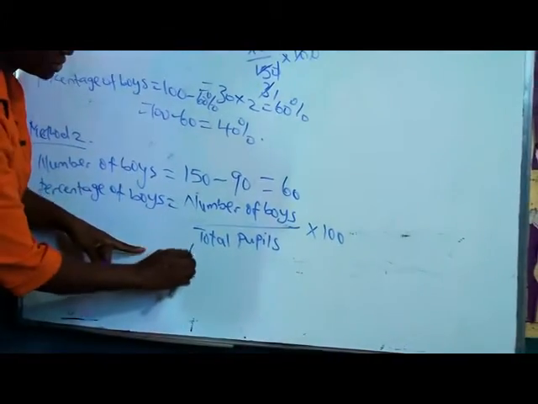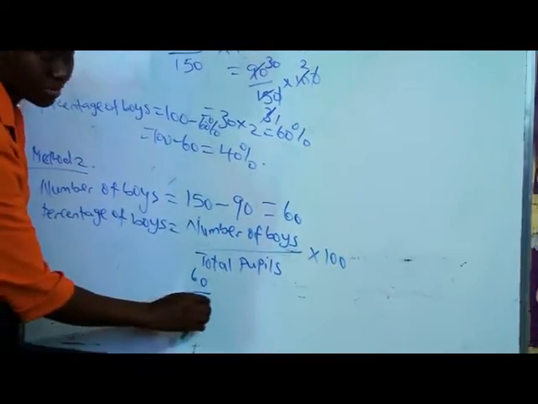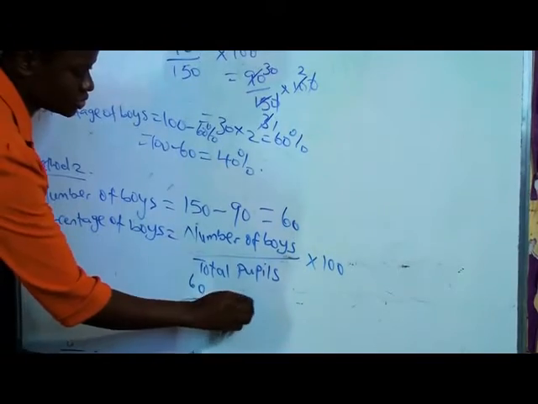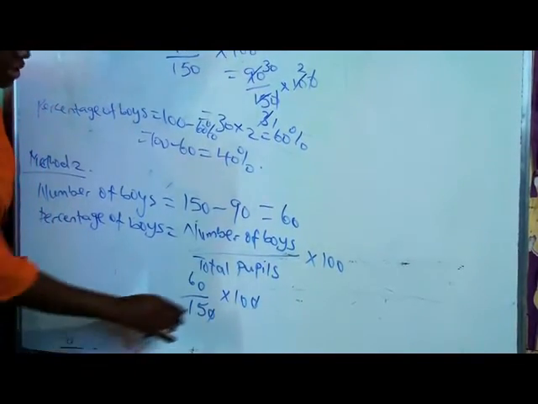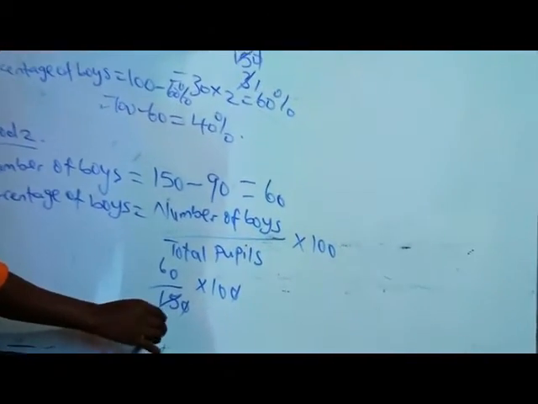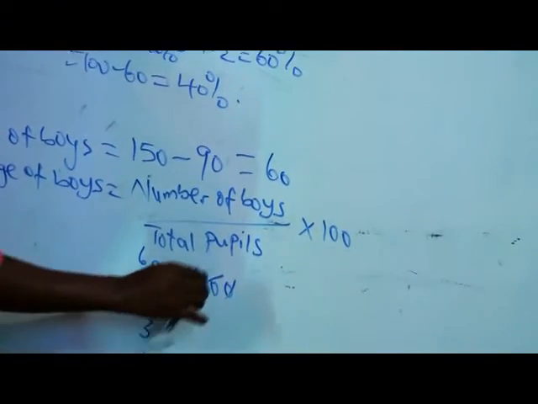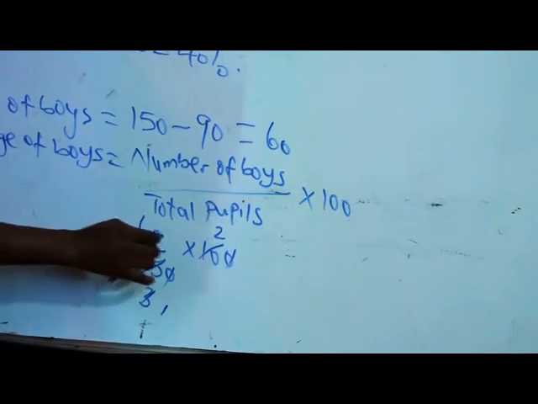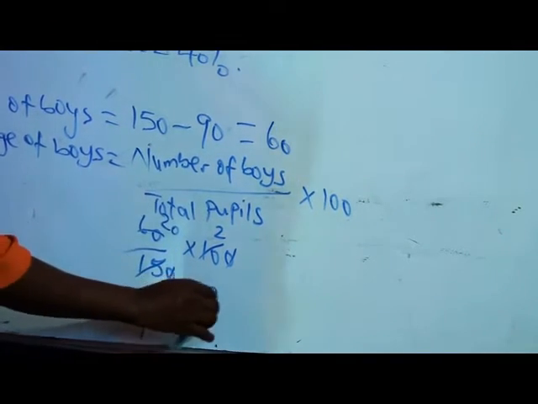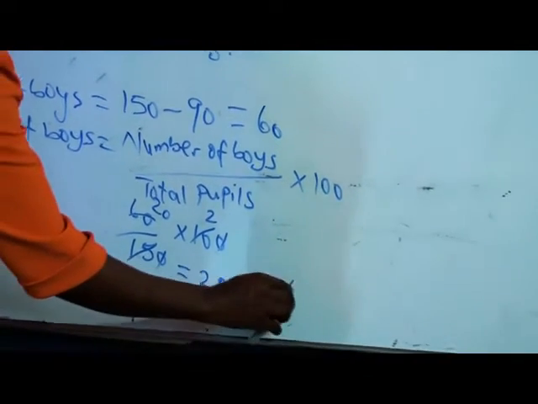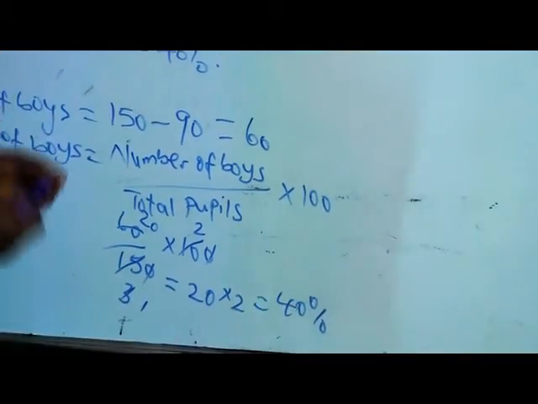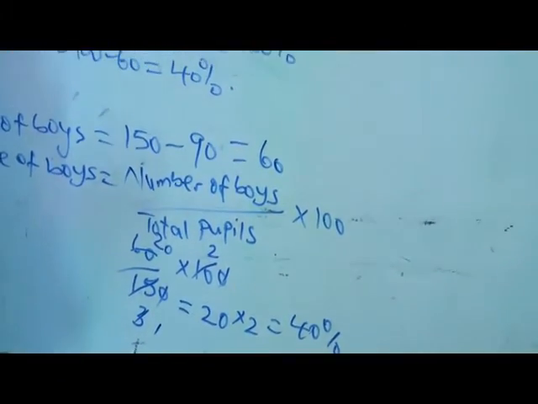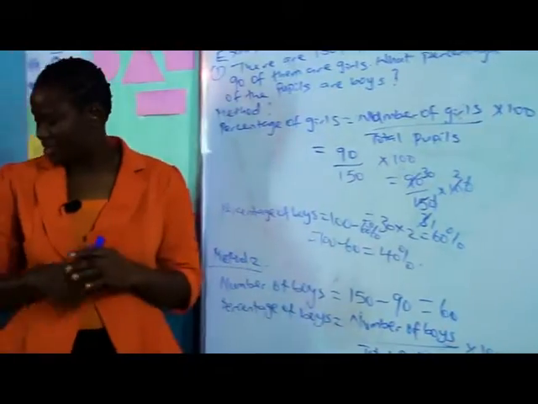Number of boys 60, total number of pupils 150 times 100. 0 crosses out 0 here. 5 could divide this to give us 3, and 5 divides this to give us 2. 3 will divide this to give us 1, and this 20. So we have 20 times 2, which is 40%.